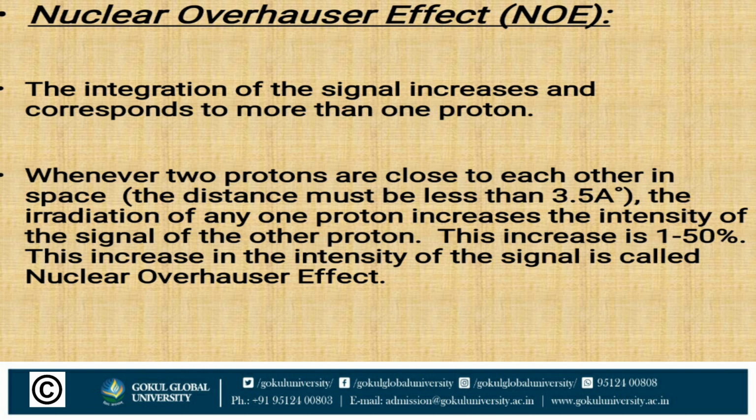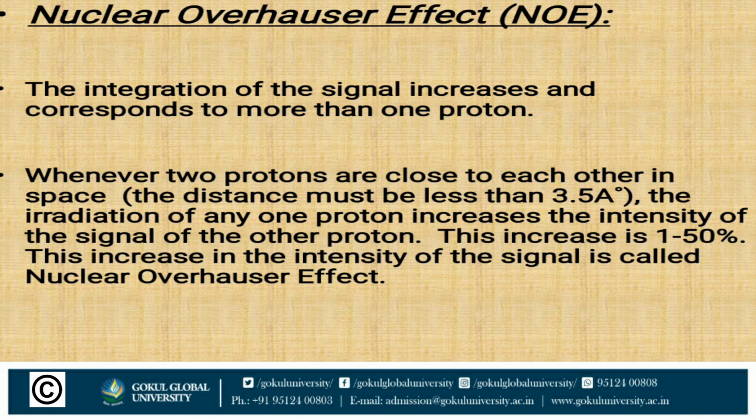Now we start another very important point, the nuclear Overhauser effect, also called NOE. The NOE is the nuclear Overhauser effect. What is the mechanism of this effect, how do we use it, and why do we need it? We already discussed it in the first slide.